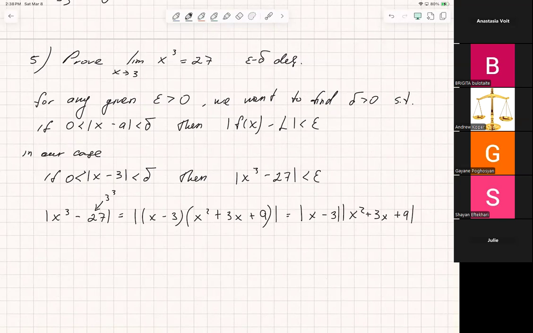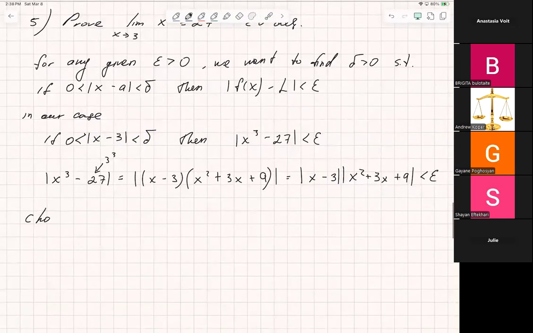All right. And we know for now that this is what is less than epsilon, right? So we have two factors. We have some boundary on this one, but we have no idea what to do with that. So first, let's choose delta to be equal to 1, right?